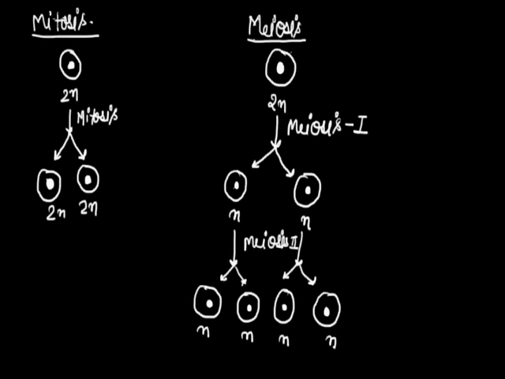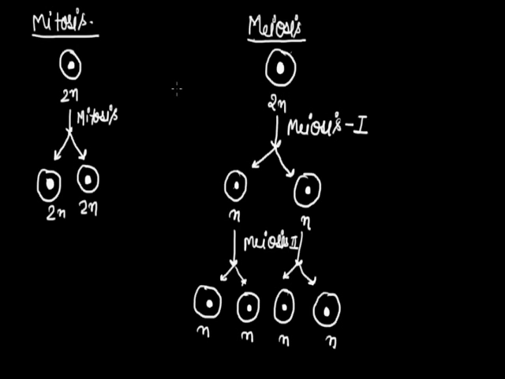The second difference between mitosis and meiosis: mitosis takes place in germinal cells as well as in somatic cells, while meiosis can only take place in germinal cells or cells of the reproductive organs. Next, mitosis happens in diploid as well as in haploid cells, while meiosis will always start with a diploid cell.